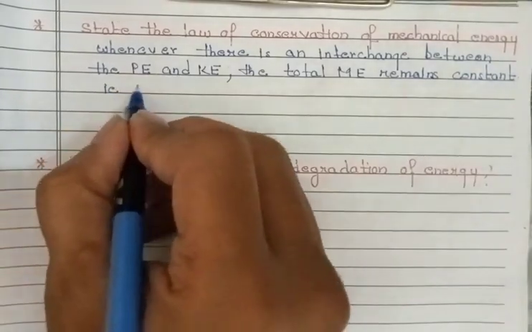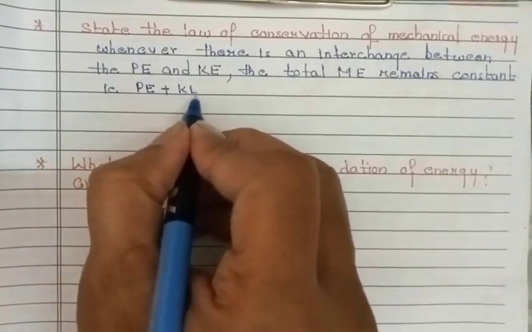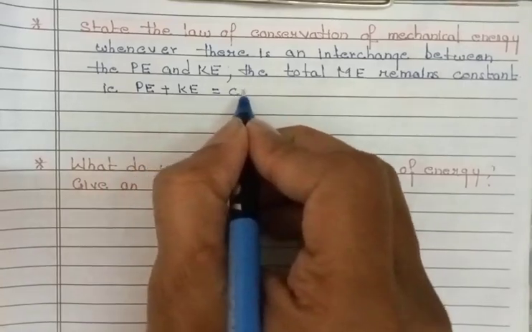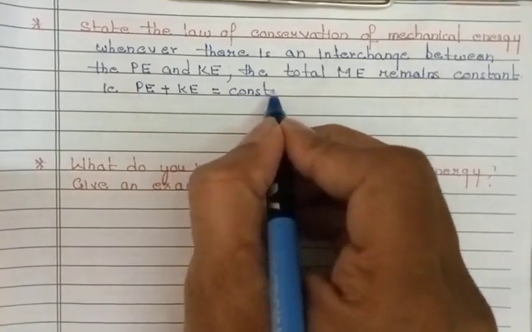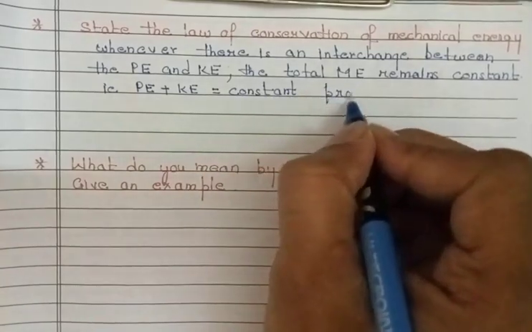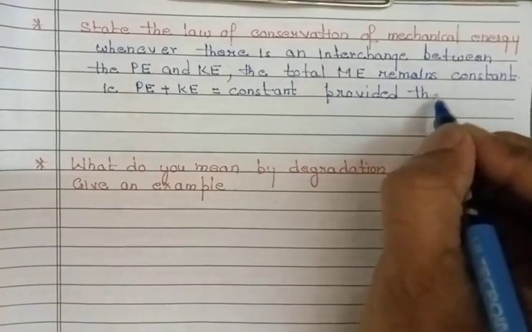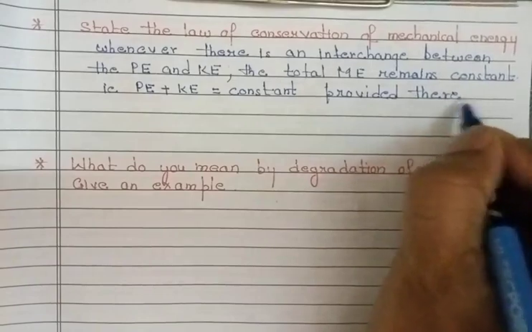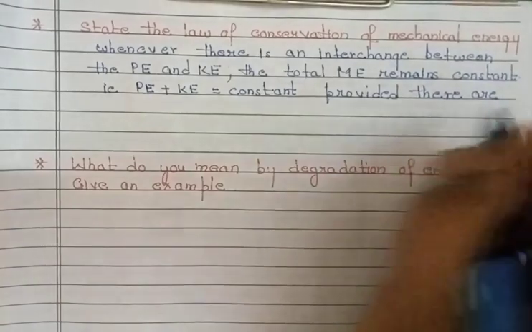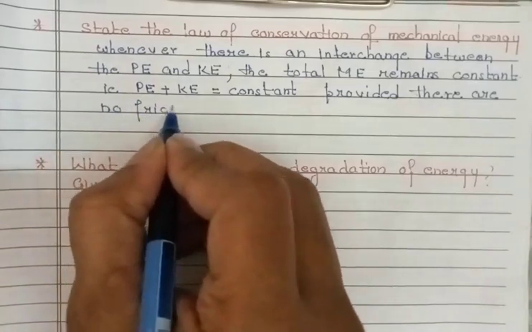That means potential plus kinetic, their sum will always be constant under the condition there are no frictional forces.